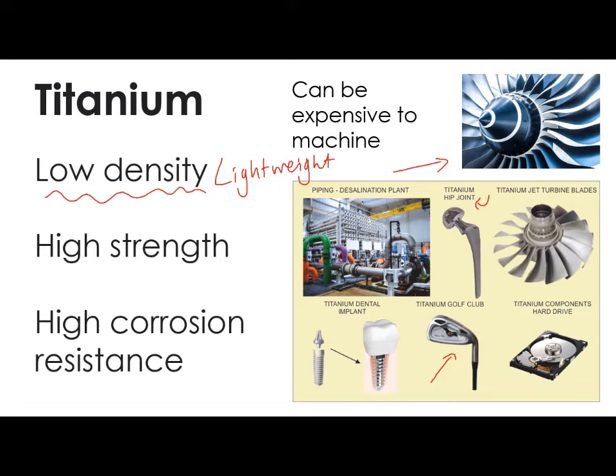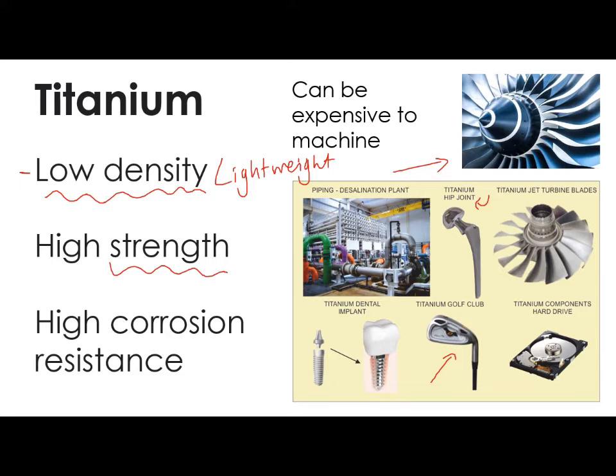So titanium, the first thing is it's quite lightweight, but for how light it is, it's extremely strong. So it has a high strength to weight ratio. And it also has high corrosion resistance, so it's not going to rust, it's not going to deteriorate. That's why it's so useful for things like hip joints, which are obviously exposed to lots of different things when they're inside the human body, used for things like dental implants, and also used in aerospace for turbine blades, all different types of things.